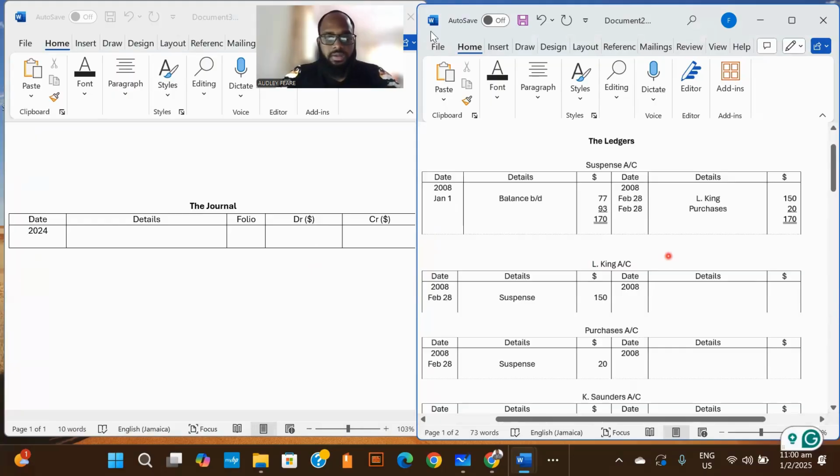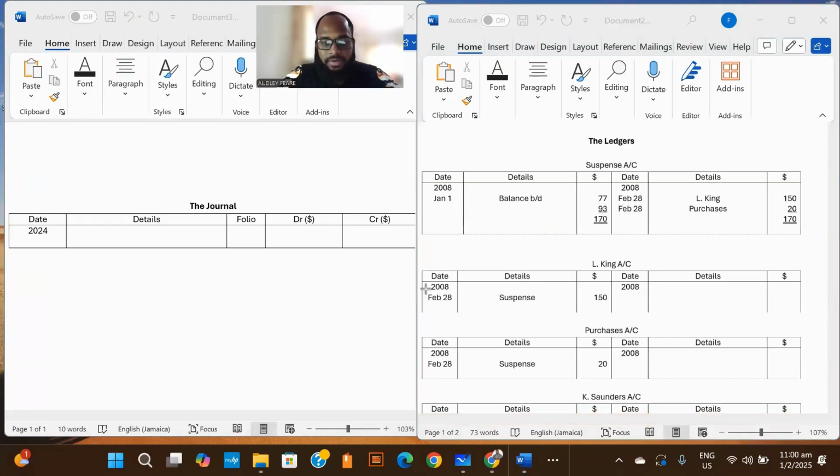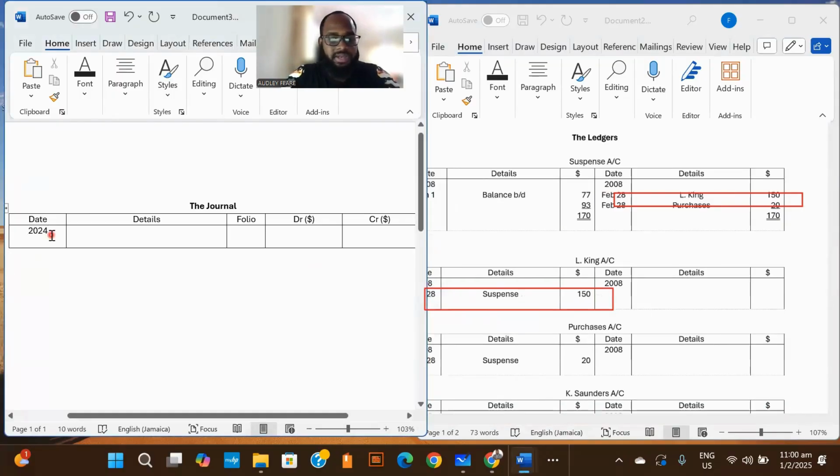So how did you remember how we got there? For the first one with L King, we debited L King and we credited suspense account, right? So we're going to write that now. So we're going to go into the journal and we write the date.